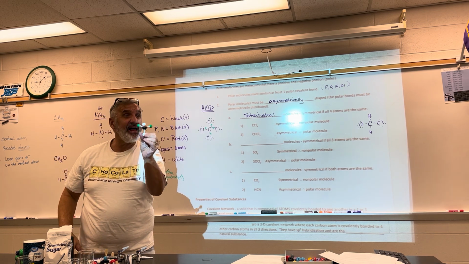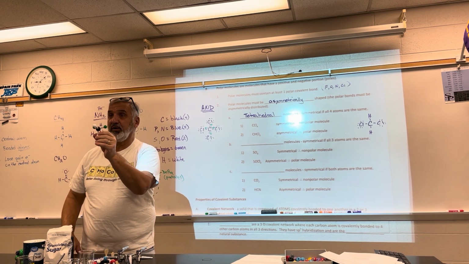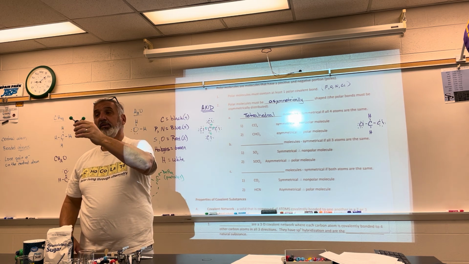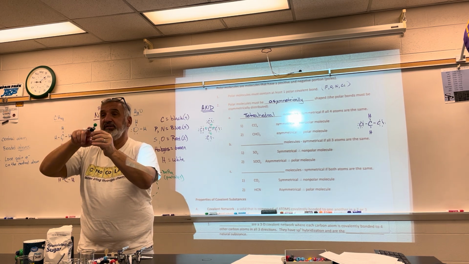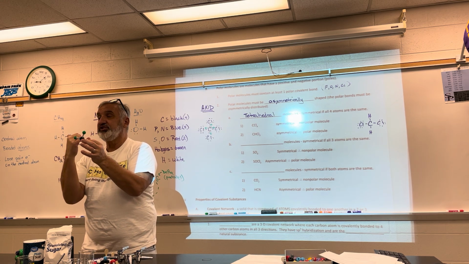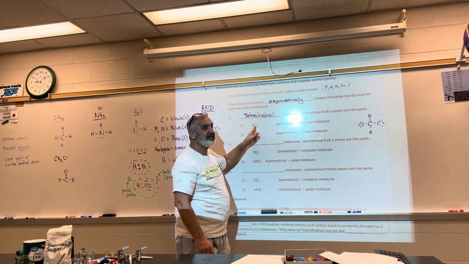If it were flat, then yes, it would be symmetrical and nonpolar, but it's not flat. It's a tetrahedron, and so no matter where you put these chlorines, the poles are never going to cancel each other out. So just trust this. It's asymmetrical if the X's are not all the same.